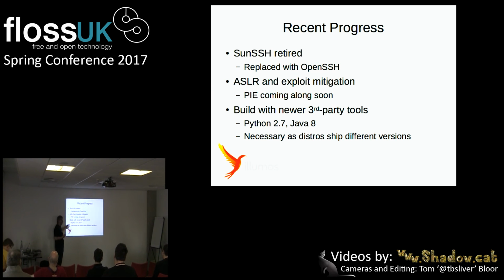And of course, as time goes on, we've got all these other things that we're using, and they aren't static. They're a moving target. So we've had to make everything work with newer versions of Python, with newer versions of Java, and a way to make the thing build with different versions of things, because obviously all the different distributions don't update all these tools in lockstep.